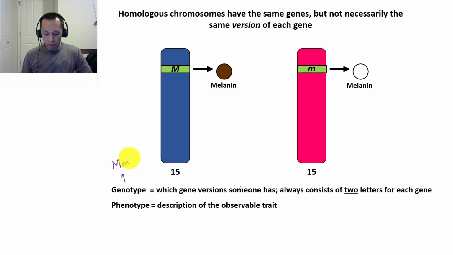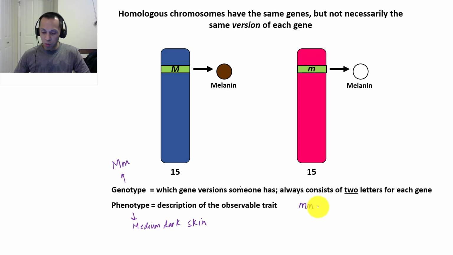And when you're describing the phenotype, or the actual observable trait, in this case you could say something like medium dark skin. If someone inherited the small m version from one parent and the small m version from the other parent, neither of these alleles can encode for the functioning colored pigment protein.